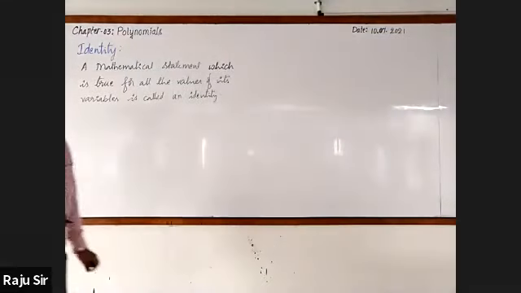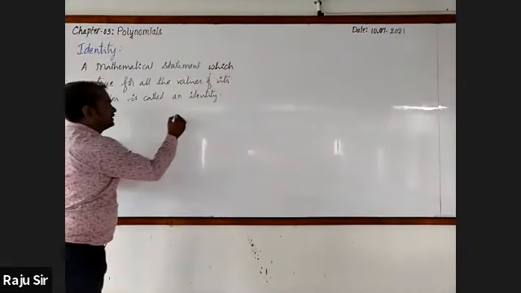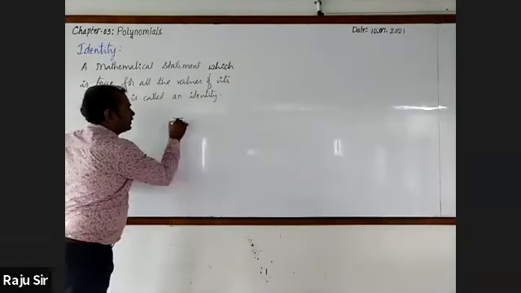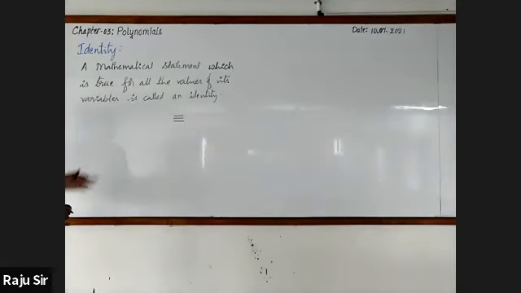And the symbol that we use to represent an identity is the equal sign with one more line, that is three lines.